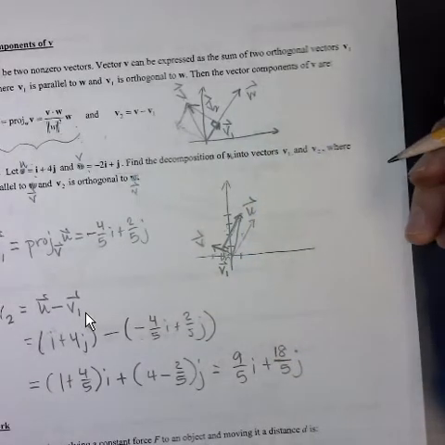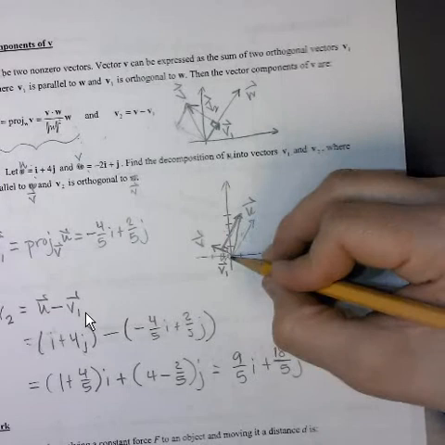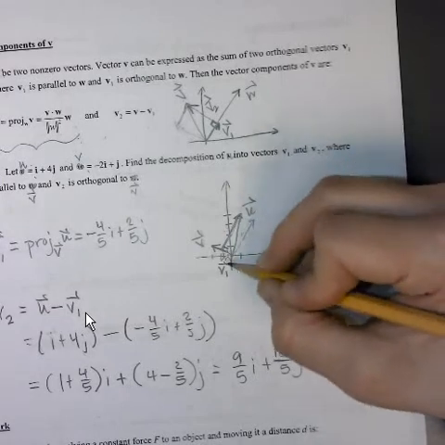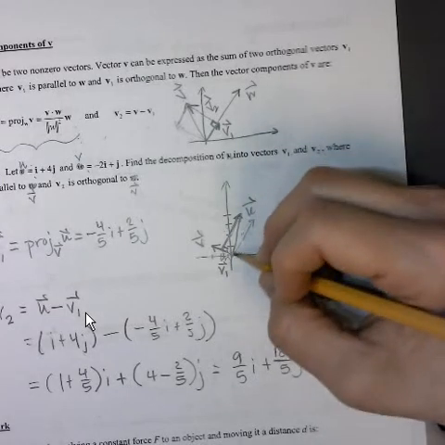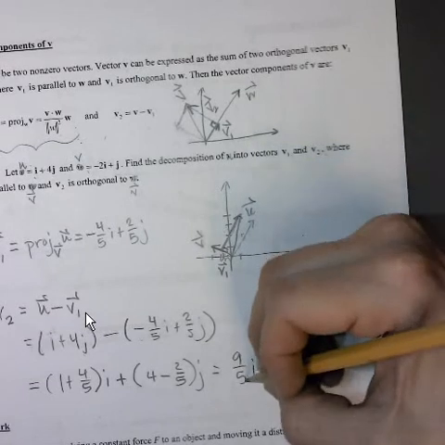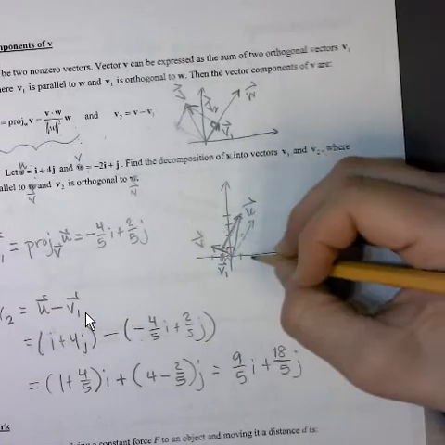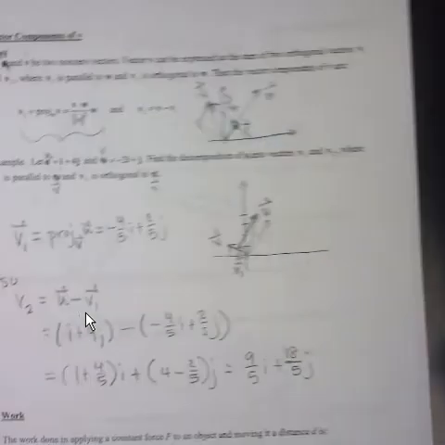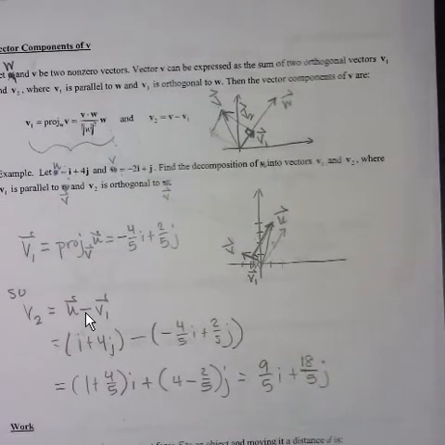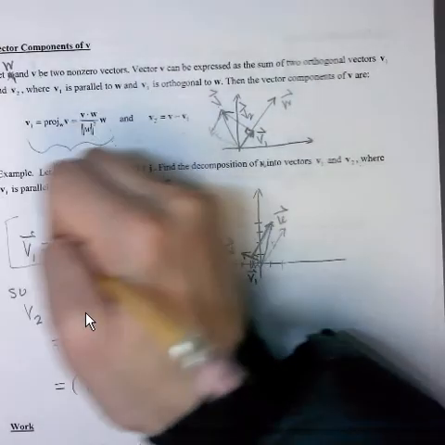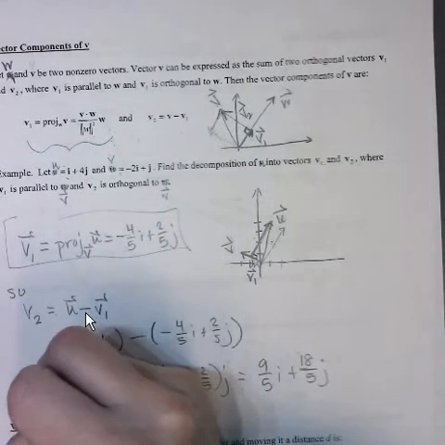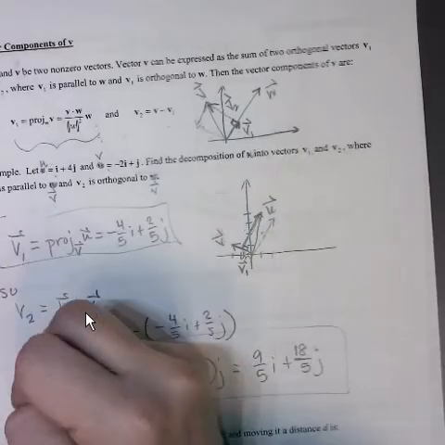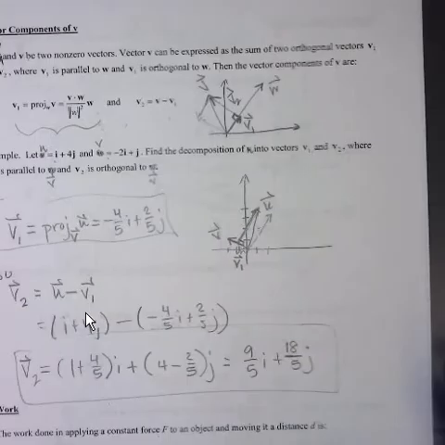And if this were graphed more carefully on a grid, it would look close to 2. I'm a little off probably in my diagram, but you get the idea. So here's v1, here's v2, and if we want to check and make sure that these are actually orthogonal, we find the dot product.